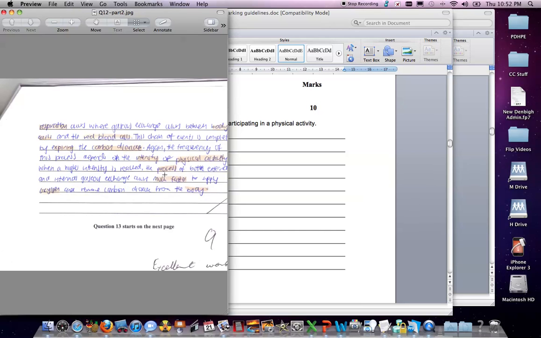The area that we didn't do as well was showing that relationship between exercise and physical activity and how that affected the respiratory system. One area that was probably neglected by everybody was the recovery of the body back to its normal resting state post-exercise. That might be something we need to look at and discuss.